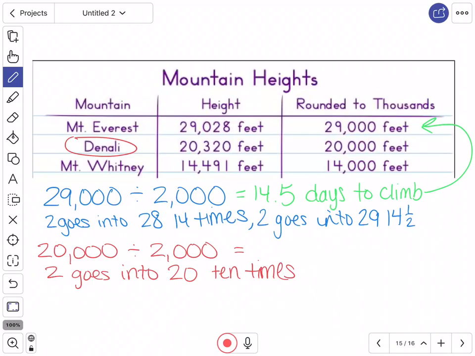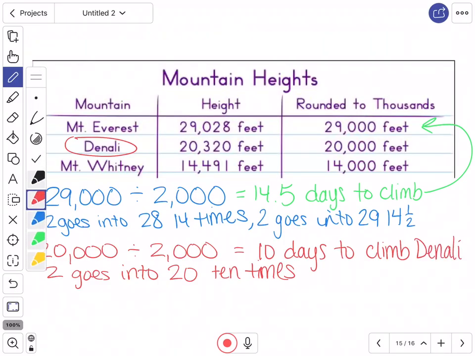Which means that 2,000 goes into 20,000 10 times also. Which would mean that 20,000 divided by 2,000 would be 10 days to climb Denali.